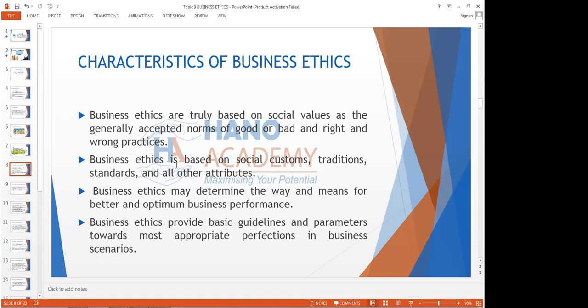Business ethics is also based on social customs. The society comes up with the customs, traditions, standards and all other attributes.